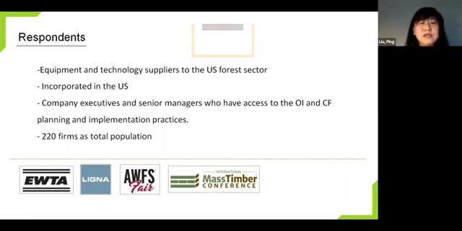The company executives and senior managers who have access to the open innovation and corporate foresight planning and implementation practices are contacted. In total, 220 firms are our total population.